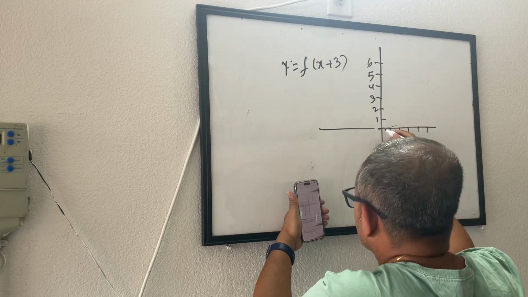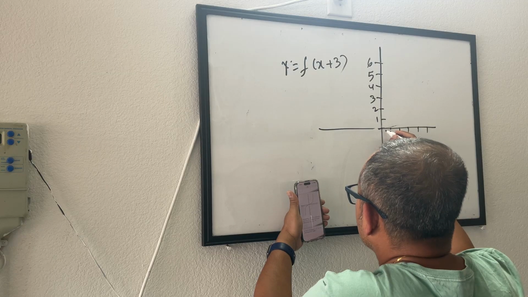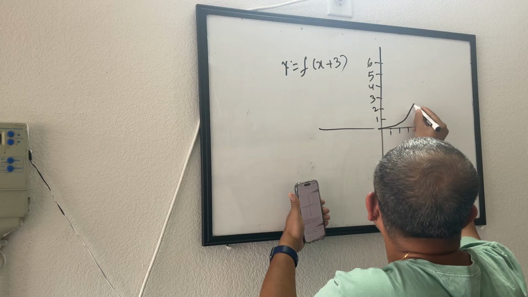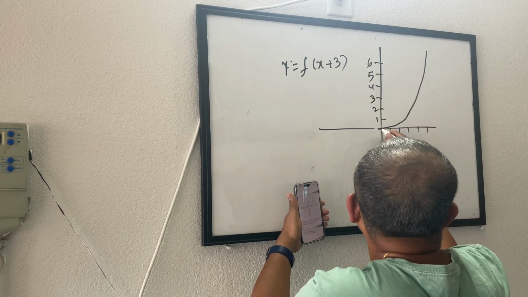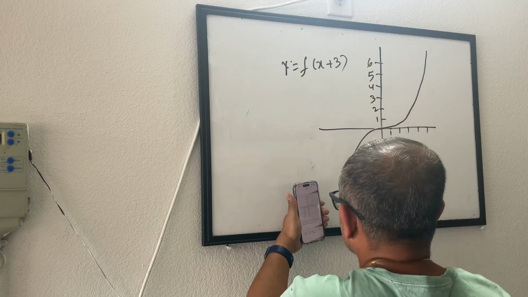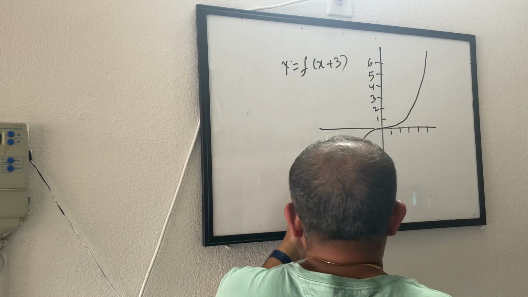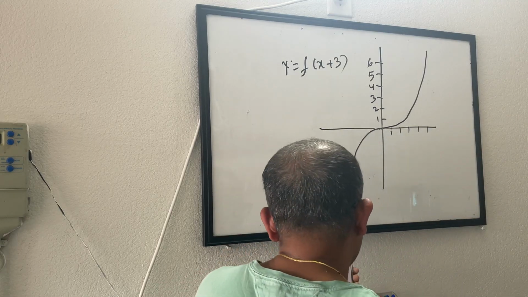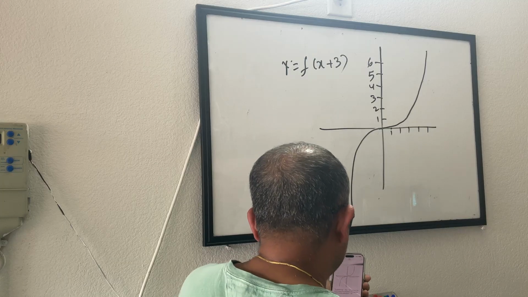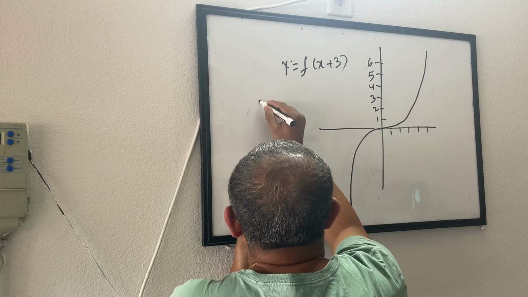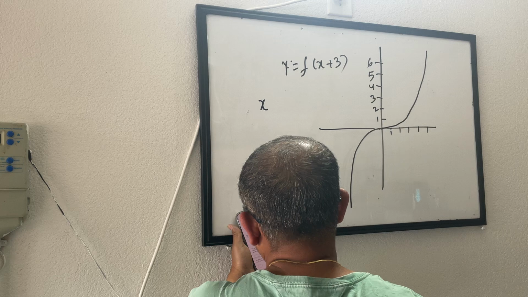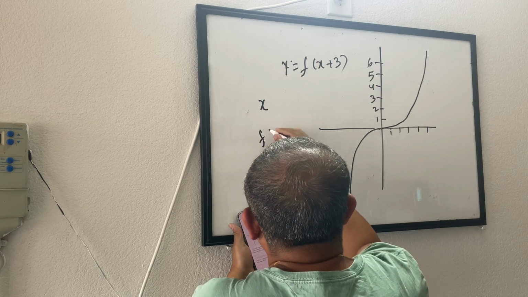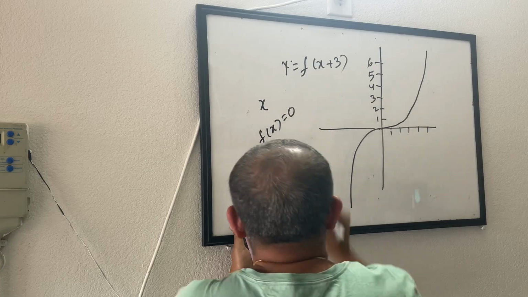Okay, so this graph goes like this and comes like this. So this is the graph of this one. It says for which value of x, rounded to the nearest whole number, must f of x equal 0.